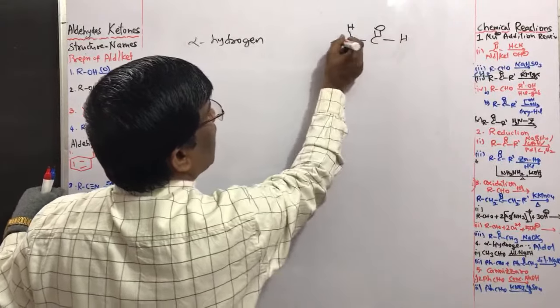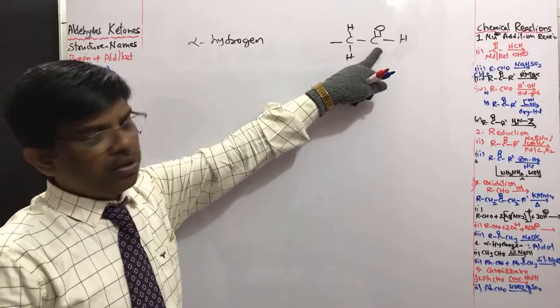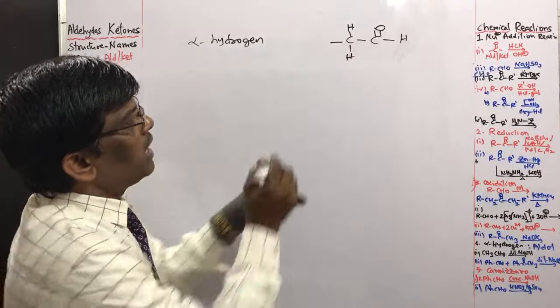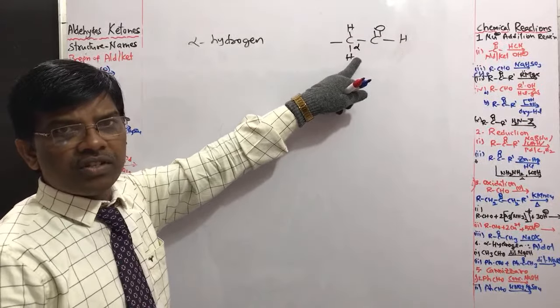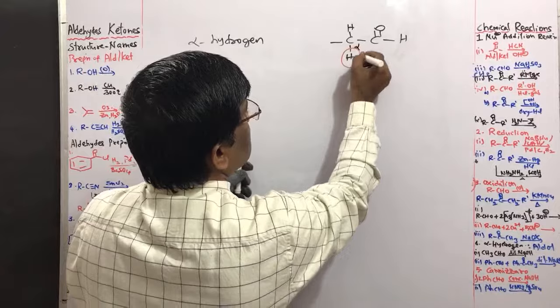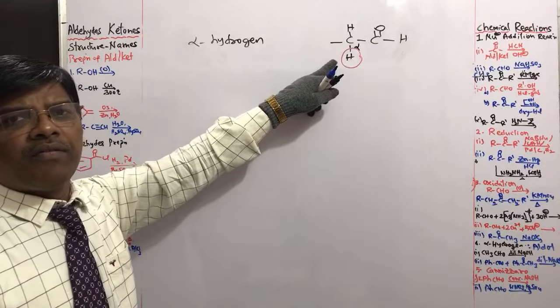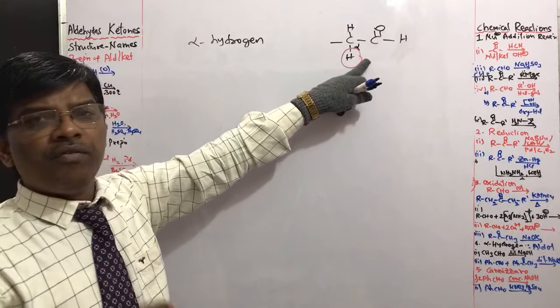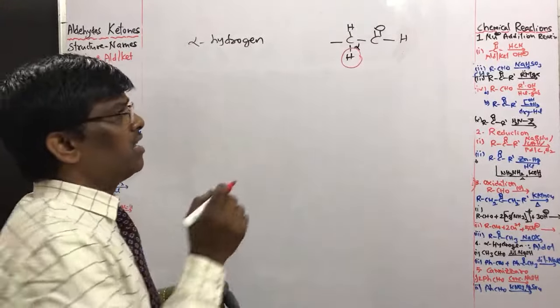This is an aldehyde having alpha hydrogen. The carbon attached to the carbonyl carbon is the alpha carbon, and the hydrogens attached to the alpha carbon are alpha hydrogens. Based on these alpha hydrogens, there are n number of reactions in organic chemistry, but we are going to learn a few of them, that is Aldol and Cannizzaro reaction.